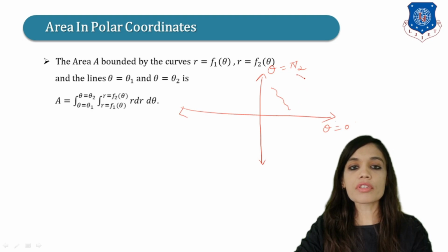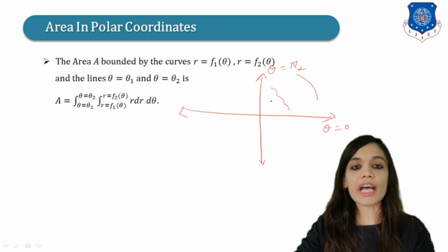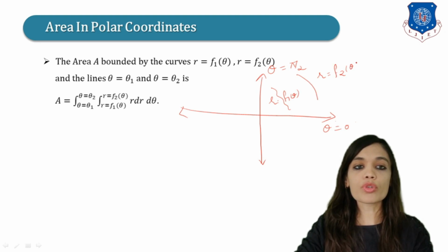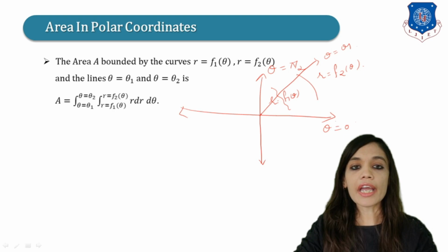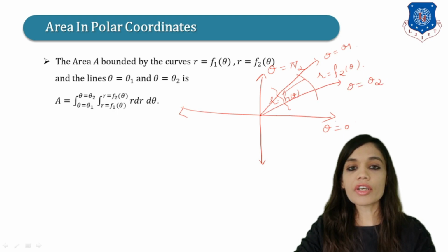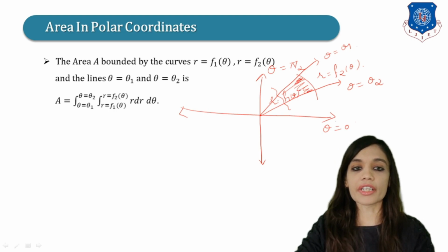Now draw two curves of this type, where this is r equals f1 of theta and this is r equals f2 of theta, and consider two lines, right? Theta equals theta 1 and theta equals theta 2. So this is our region bounded between two curves in the polar coordinates, right?